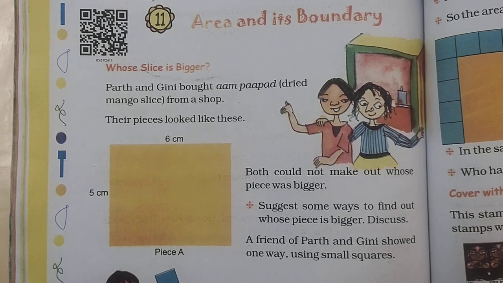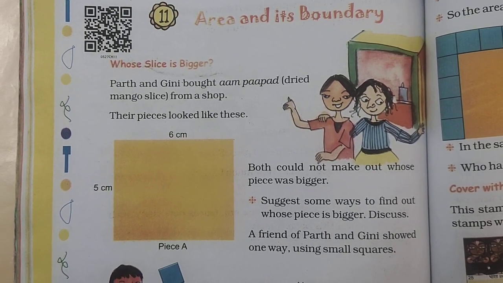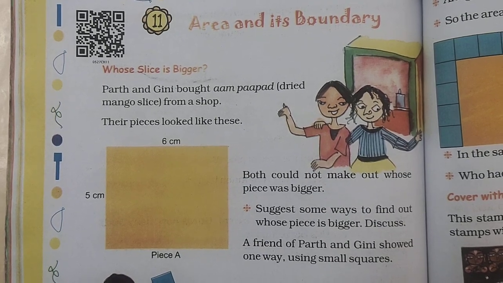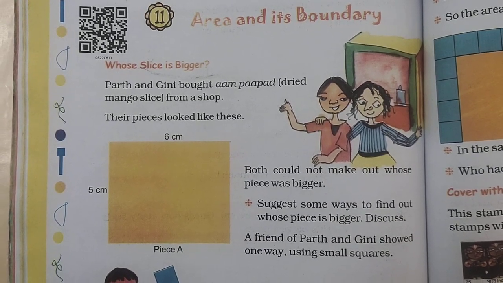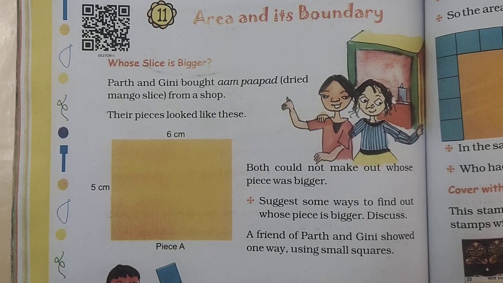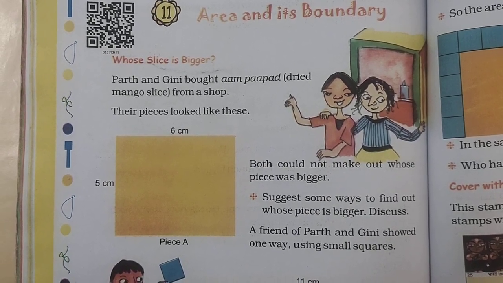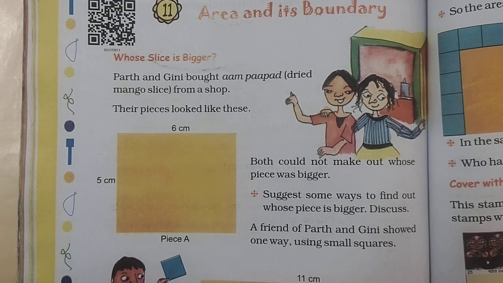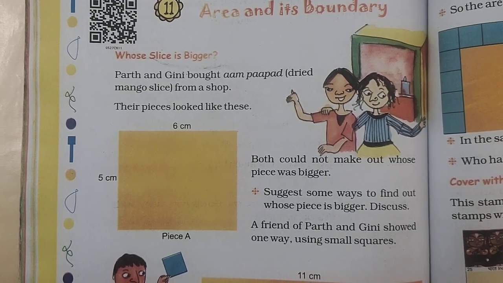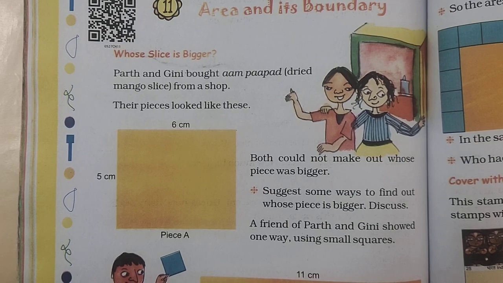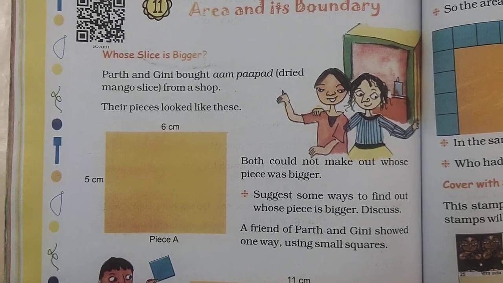Similarly, we learned about the area and perimeter of a rectangle. We learned the definitions of area and the formulas for the perimeter and area of a square and rectangle.